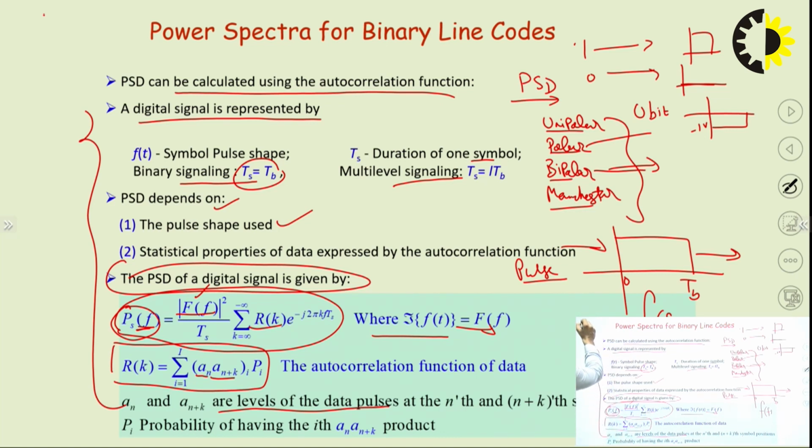If we are taking a_n and a_(n+k), one should be different from another. If the k value is 0, then a_n and a_n will be the same, and P is the probability of having that a_n data level.